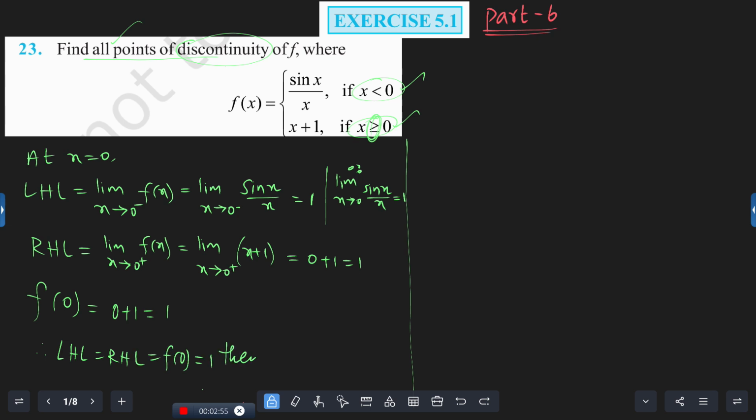Then f of x is continuous, because they are asking about the discontinuity. So f of x is continuous at x equal to 0.